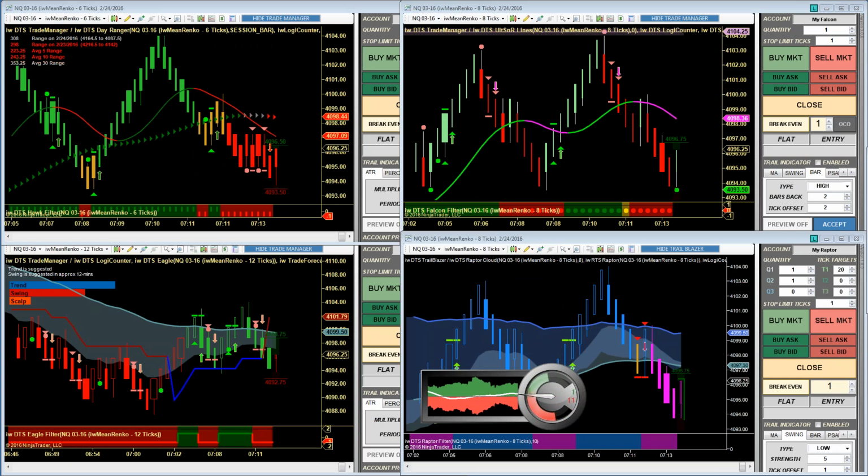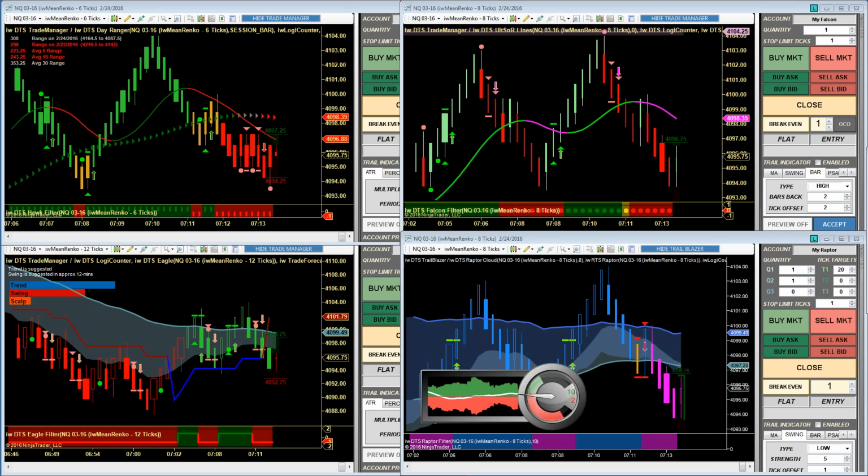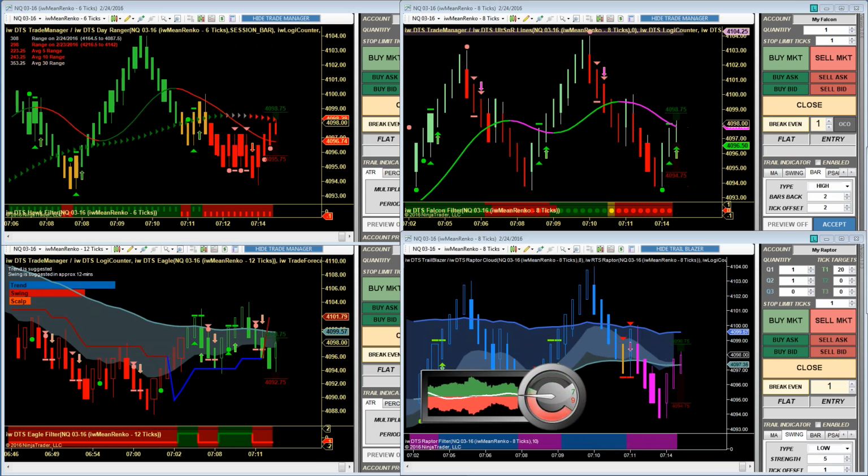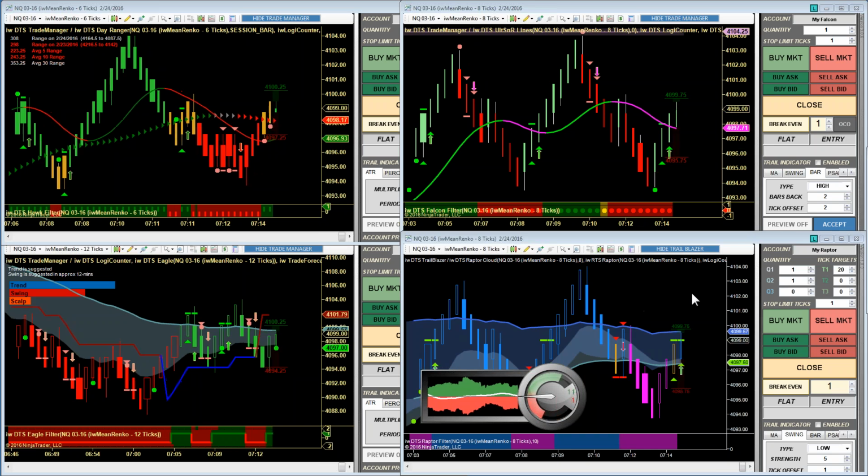And I'll put my Geiger counter on that chart also so that we can see the time and sales unfold. Yeah, the market is very, very sideways here at the moment. I still believe it's going to be a little bit more bullish.